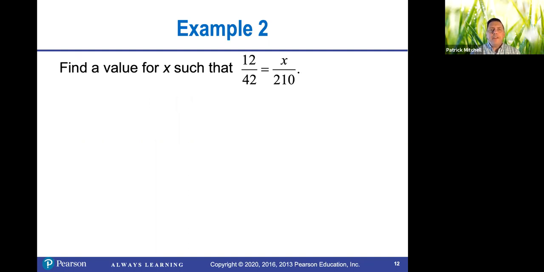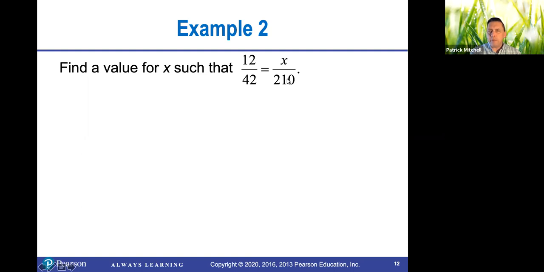So here they want me to find a value for x such that 12 over 42 is equal to x over 210. So the first thing I need to do is find this number n that they were talking about on the previous slide. So 42 times what number equals 210?